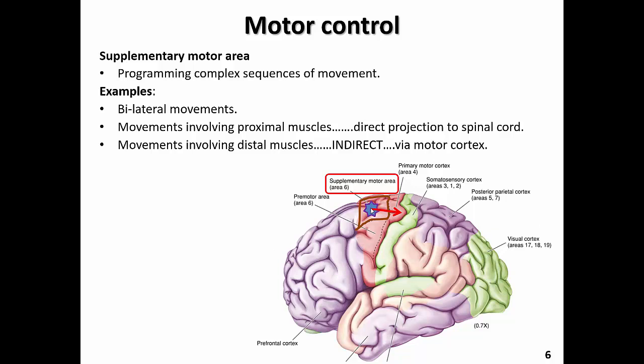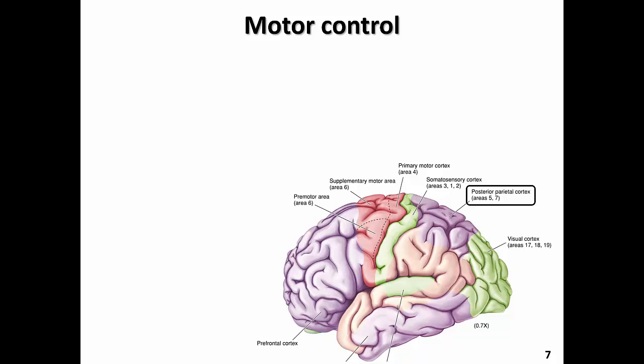These neurons would project a very short distance to the primary motor area to help coordinate the activation of these corticospinal neurons. But in terms of proximal muscle activation, the supplementary motor area also sends projections directly downstream, descending along the spinal cord.